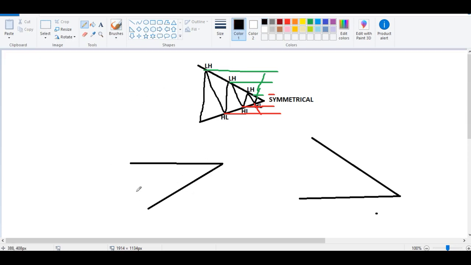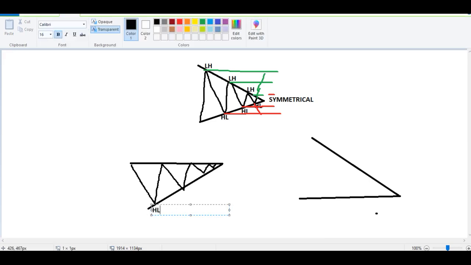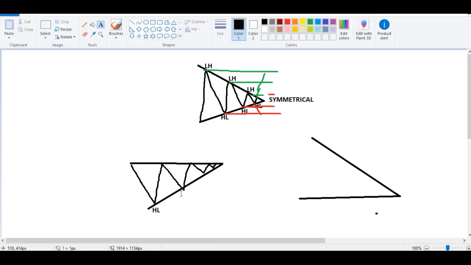Now let's come to the ascending triangle. An ascending triangle will look like this, where we have higher lows and similar highs, where the highs are almost the same or near and about the same.